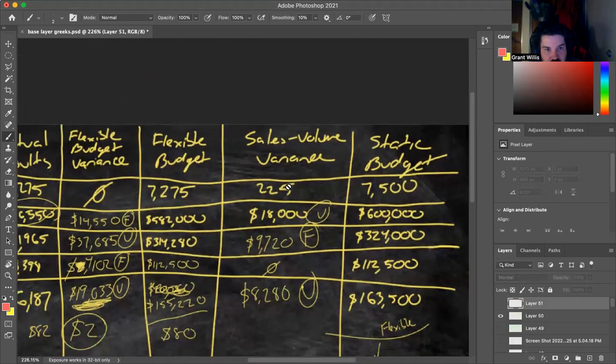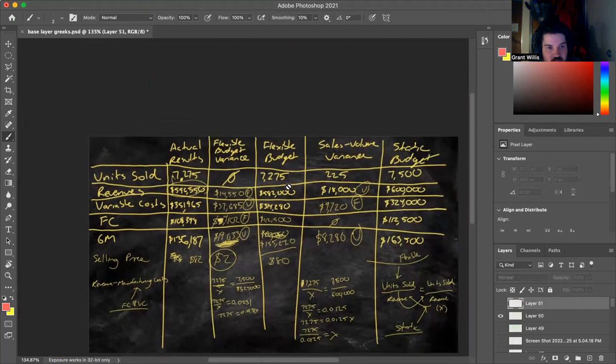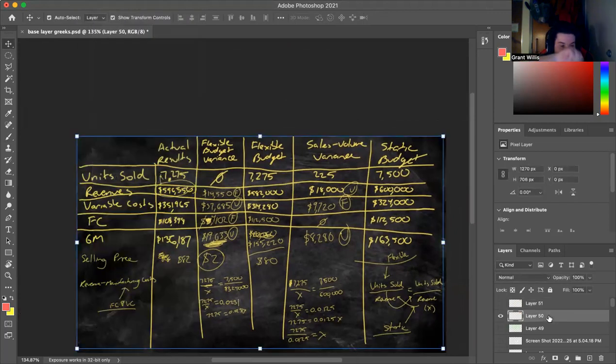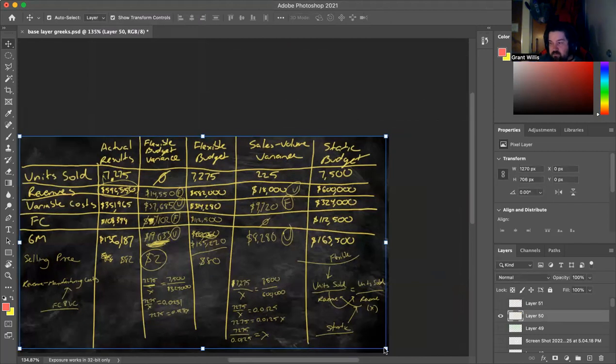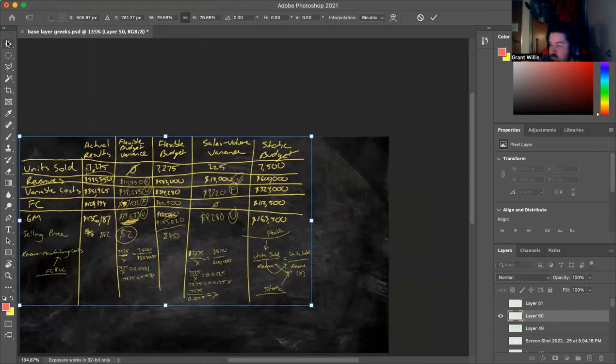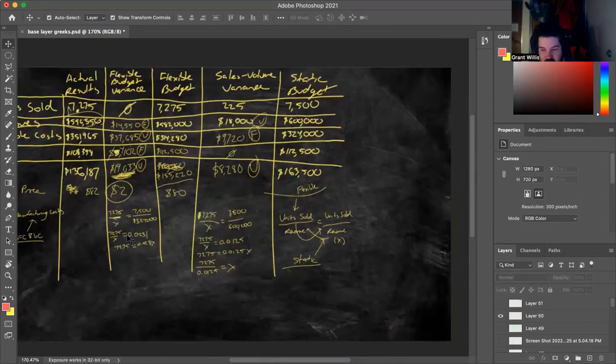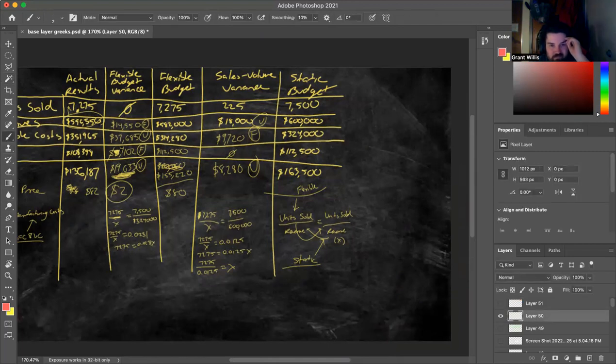So here we have this whole chart, right? I'm going to make this a little bit smaller for us to see. So we're taking a look at this number, the static units and the flexible units.